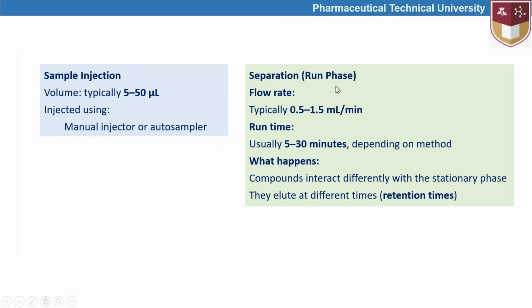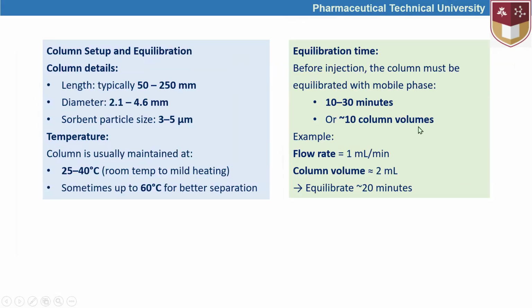And here, the separation, the run phase, can have some differences in the flow rate. Flow rate of the separation can be between 0.5 to 1.5 milliliter per minute. It might not be significantly different in those cases.